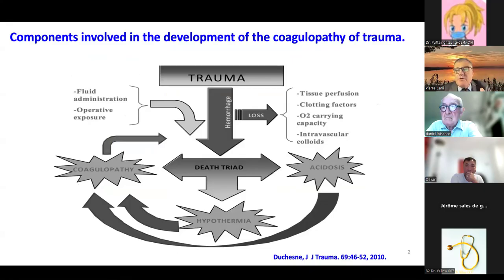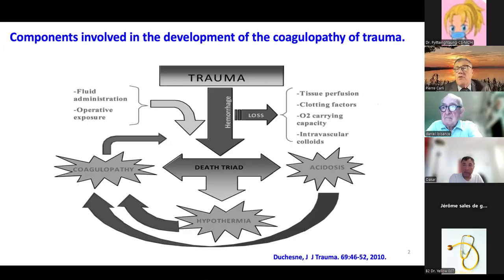For example, if you have blood loss, you will give fluid, but if you give too much fluid and you give saline, you will increase the deadly triad because you will create the coagulopathy. If you are doing that, you also lose the clotting factors. If you do not oxygenate the patient, you'll have more acidosis and so on.